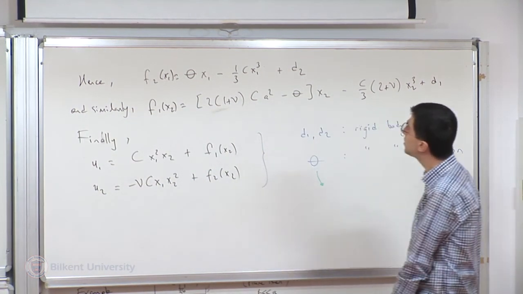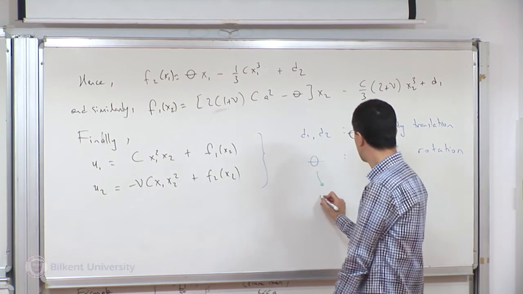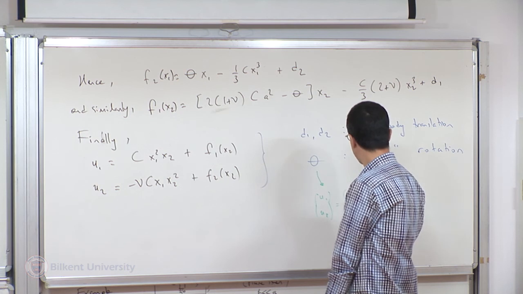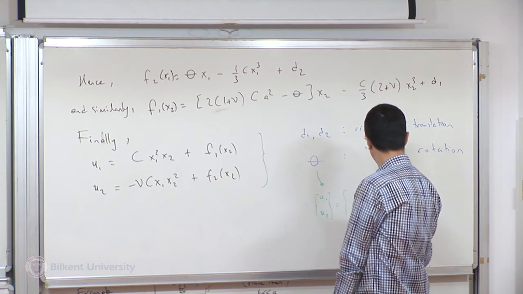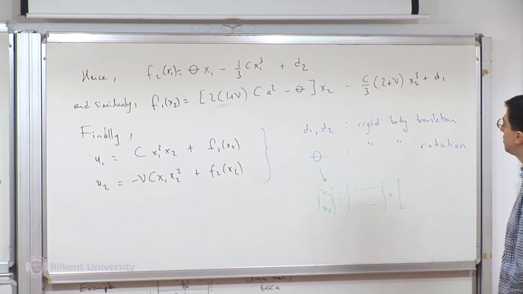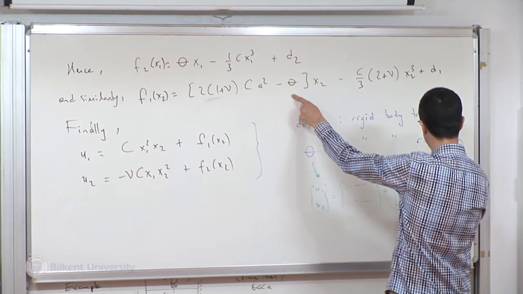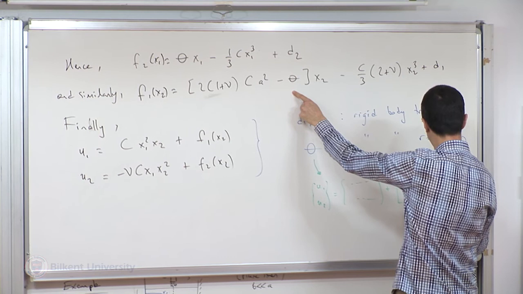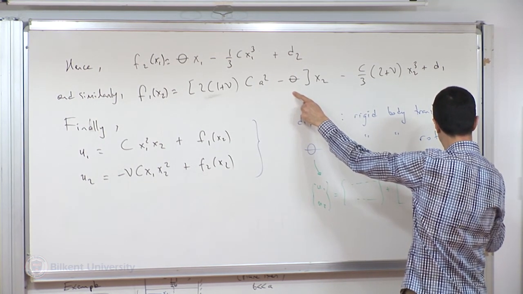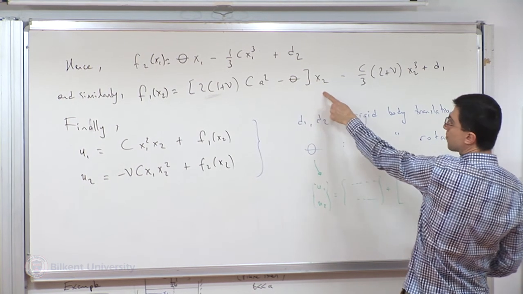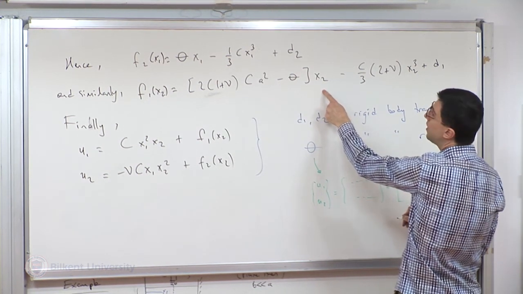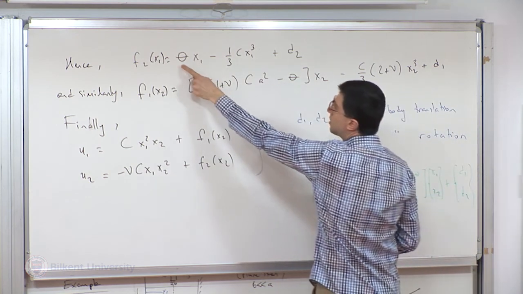you can notice here in U1, U2, there are many, many terms, but eventually at some point, you have terms that are related to theta as follows. You have a minus theta term and a theta term.